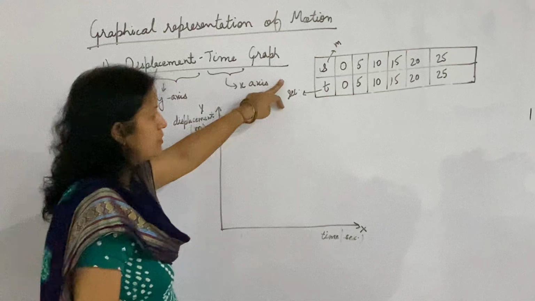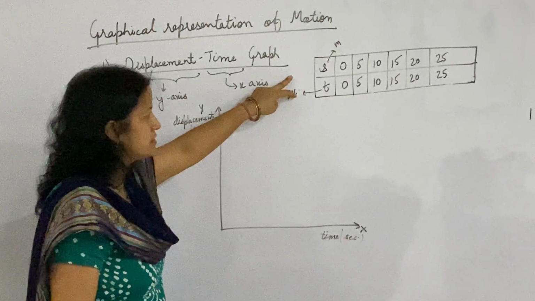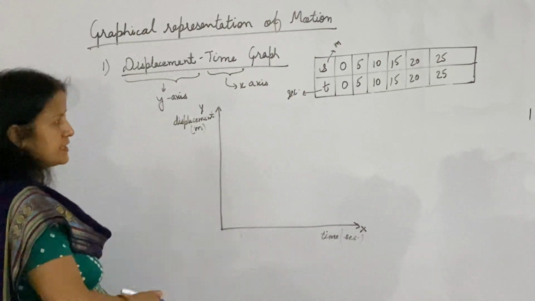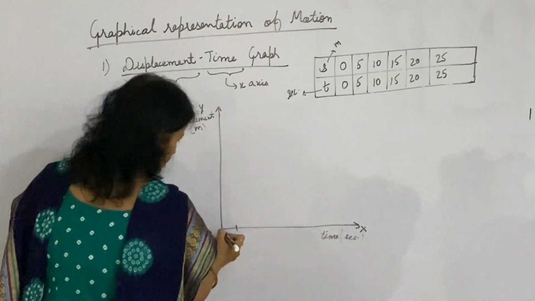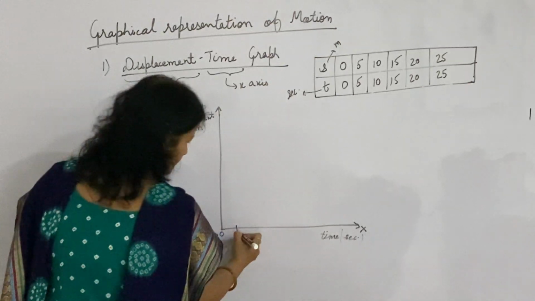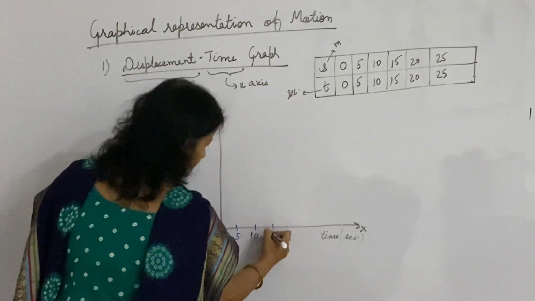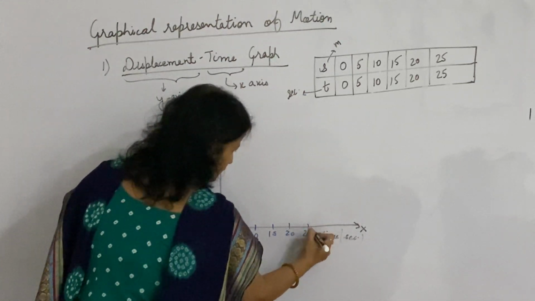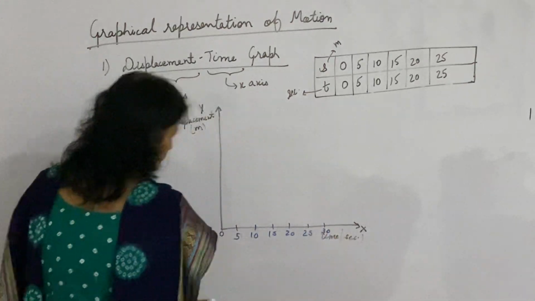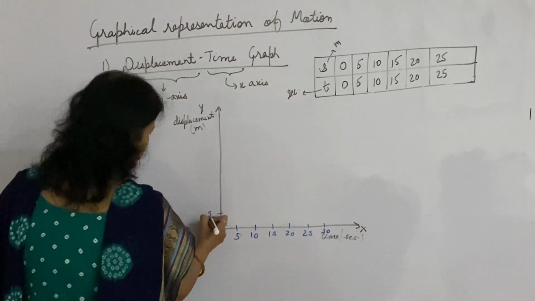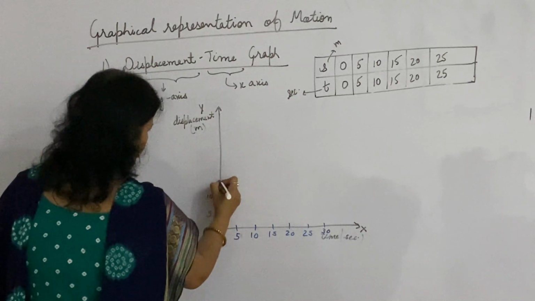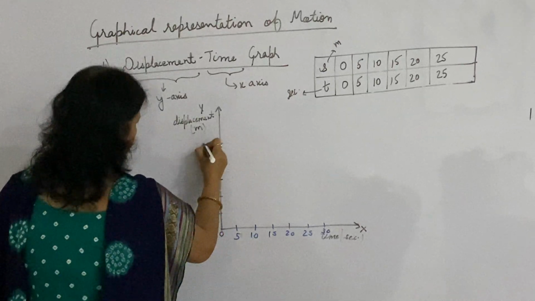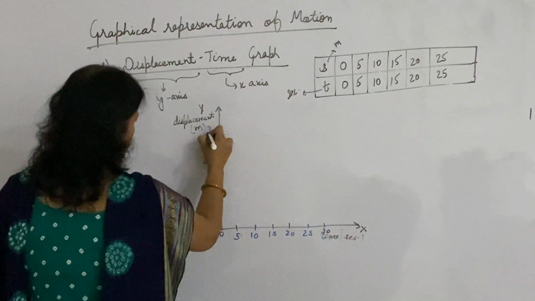The difference is the same in this table for the displacement values and the time values, so we equally divide the axes: 0, 5, 10, 15, 20, 25, 30. Same over here on the y-axis: 5, 10, 15, 20, 25 and 30.